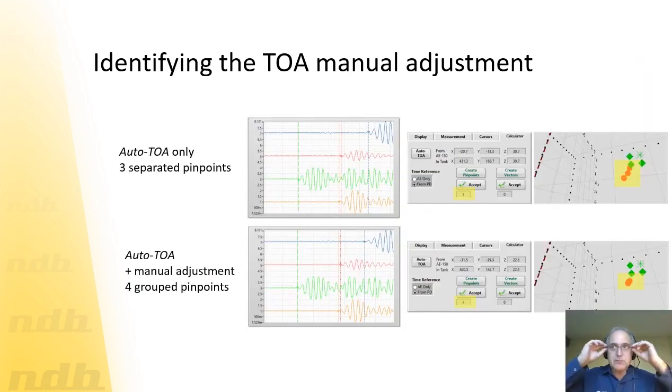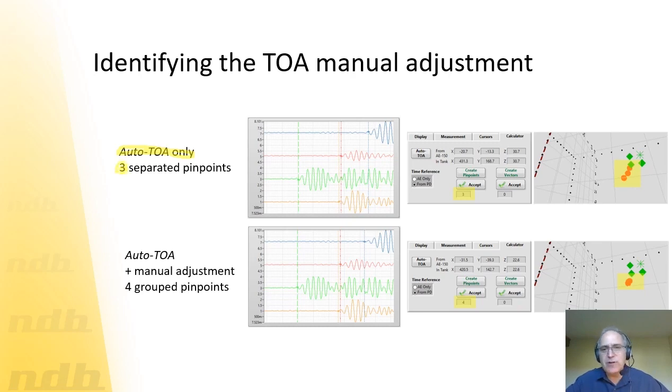See, this is the same example, a real case that I made myself. The same case with multiple grounds. The top is auto TOA only. So the cursor was located, and I had obtained three separate points.